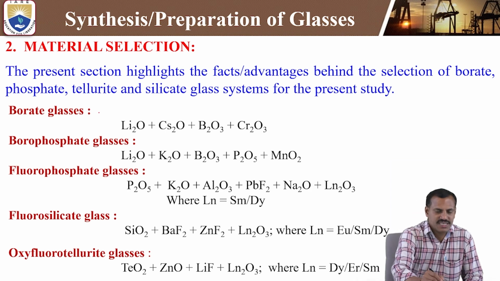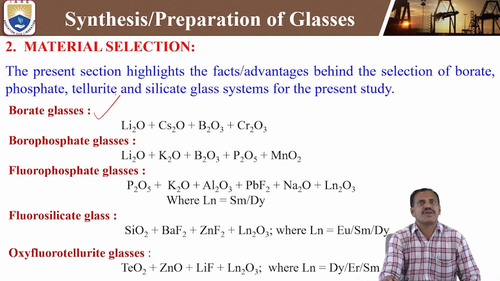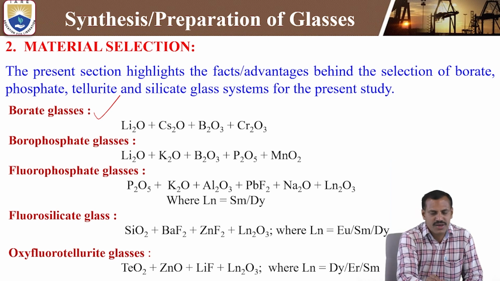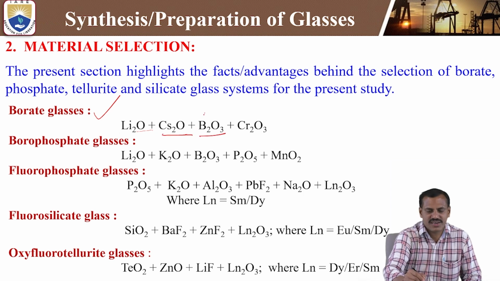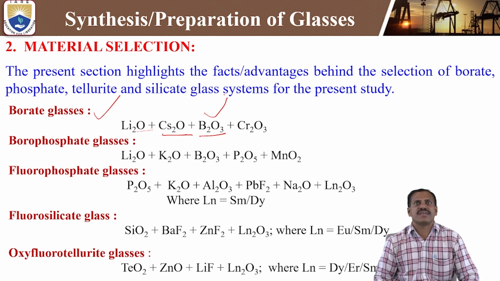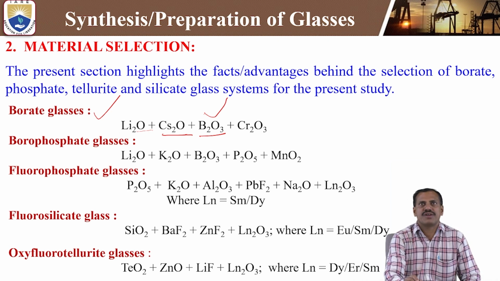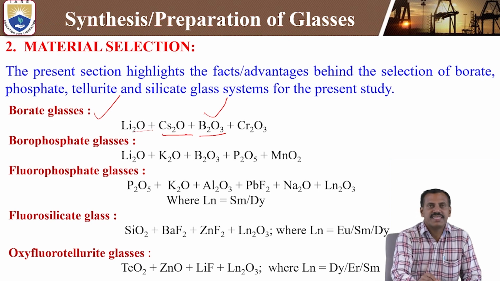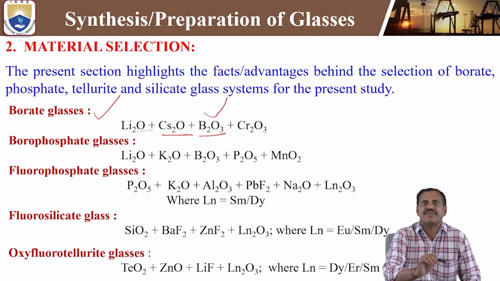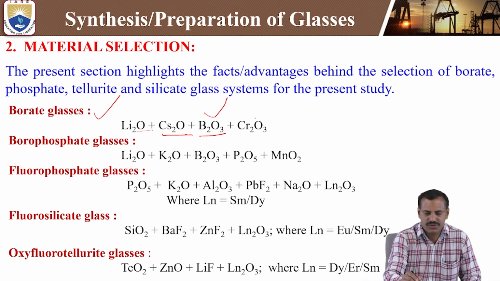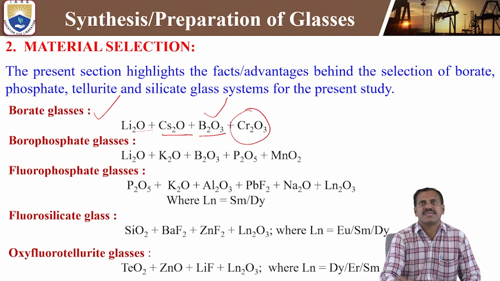The first one is the borate glasses. Here we are taking lithium oxide and cesium oxide with borate. B2O3, boron trioxide, is the glass former. Lithium oxide and cesium oxide are the modifiers, added to the glass former. Next, chromium Cr2O3, a transition metal oxide, is added as the dopant.